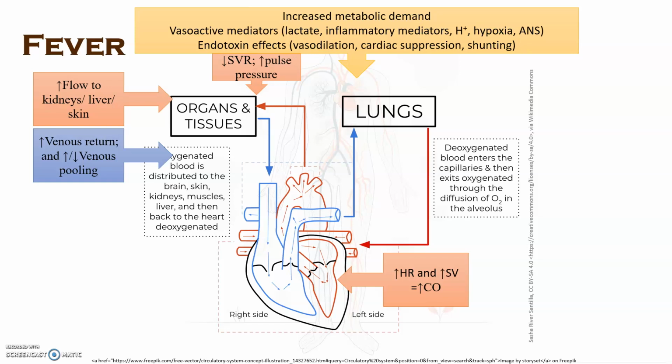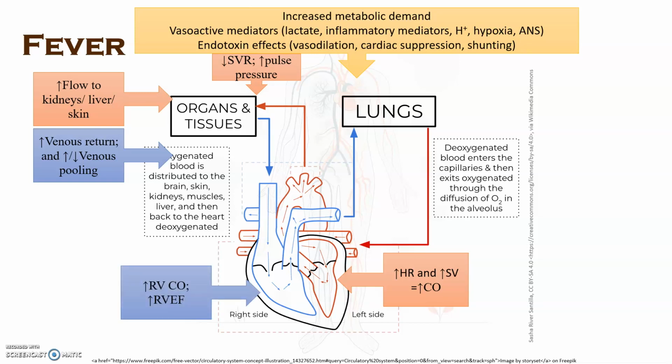This increased cardiac output ultimately feeds through to an increased right atrial venous return, and according to the amount of venous pooling, vasodilation, there may be an increase or a decrease in venous pooling.